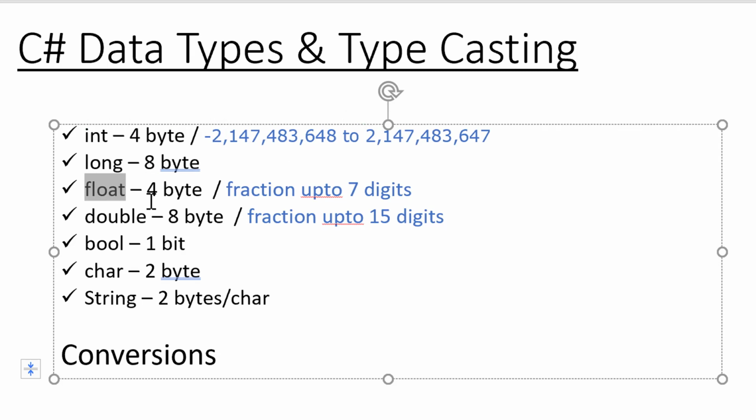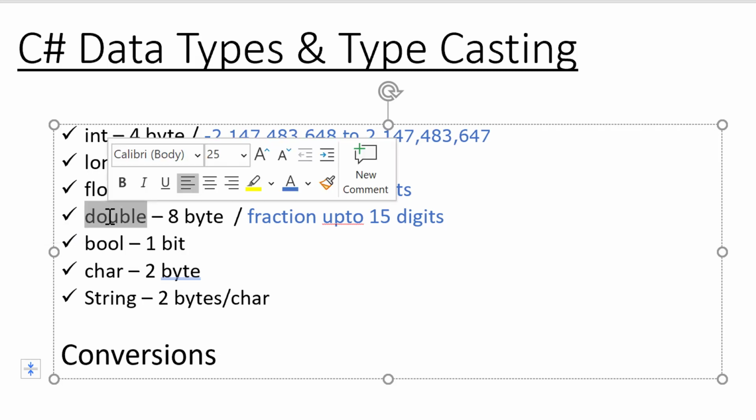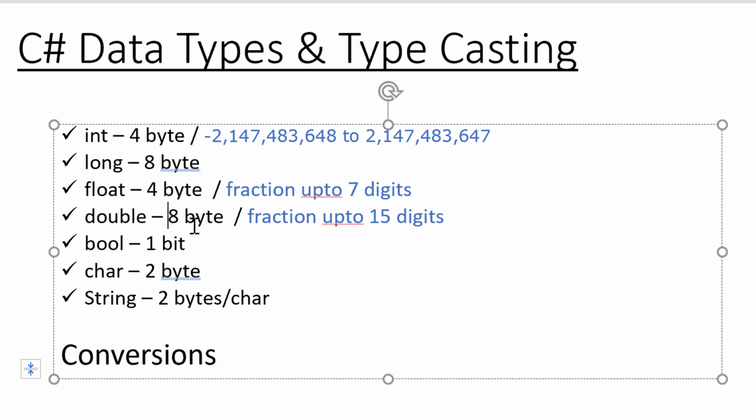A float variable has a size of 4 bytes. If you define float a equal to 5.7, the size of a is 4 bytes. A double has an 8 byte size, which means it stores higher precision.